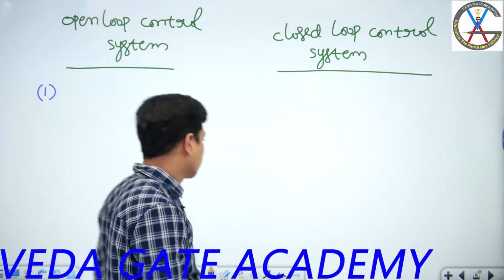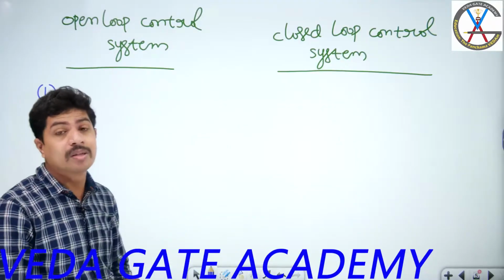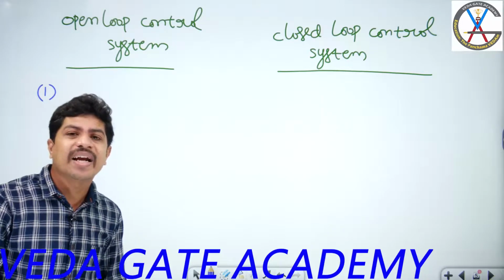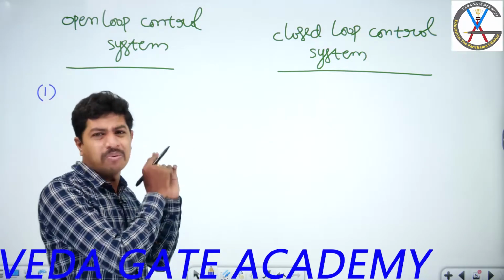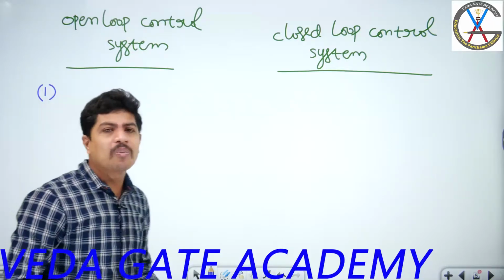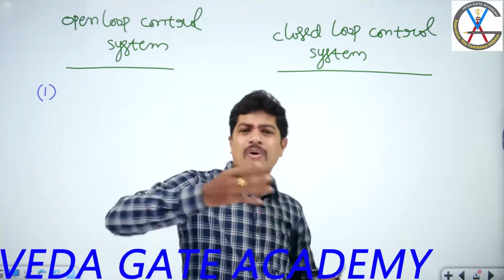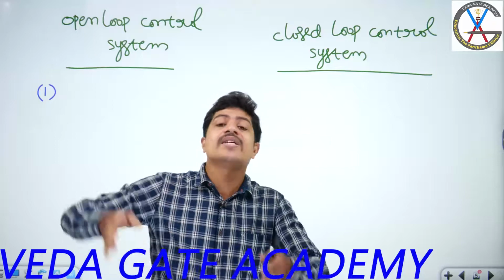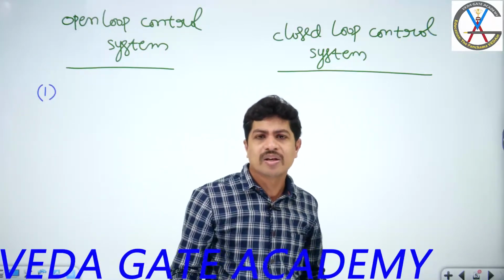What is the first point in open loop control system? Control signal generated depends only on desired output. Desired output is 5. It keeps on doing work without knowing whether it has reached 5 or not. No use. Yes or not?